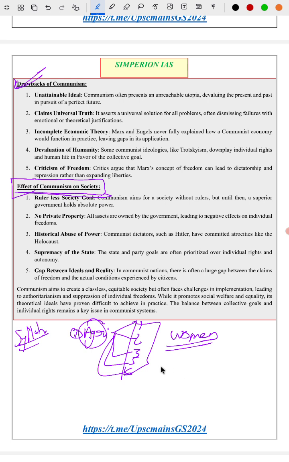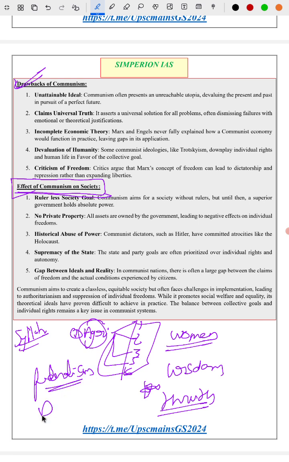Another important theme, in philosophical essays, is wisdom, truth or truthfulness. Another important theme in polity-related essays is federalism, democracy, poverty, etc. These are important themes that we can infer by going through the PYQs.